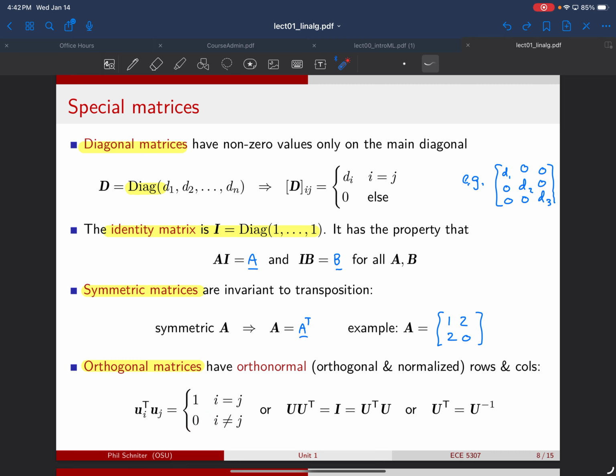It also works with rows. If ui transpose is the ith row of u and uj is the transpose of the jth row, then you get the same property. So if you want to express this idea using matrices, you could express it this way or this way, depending on how you want to define the u's.